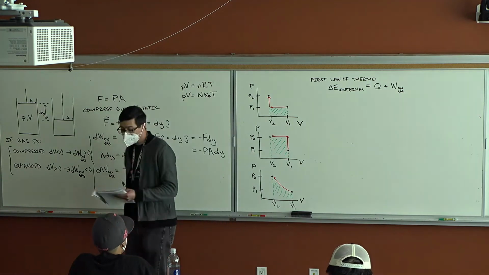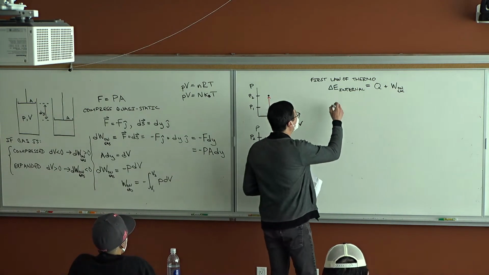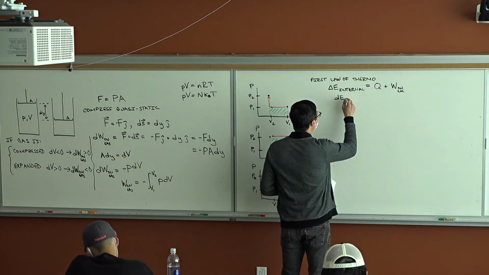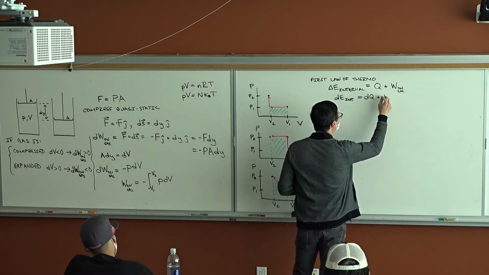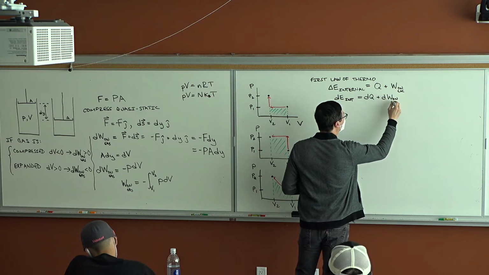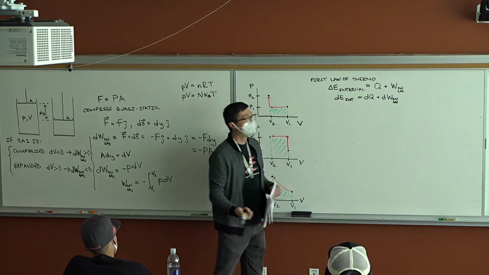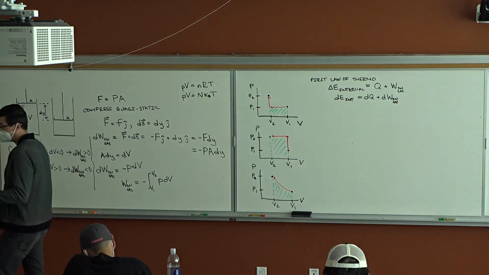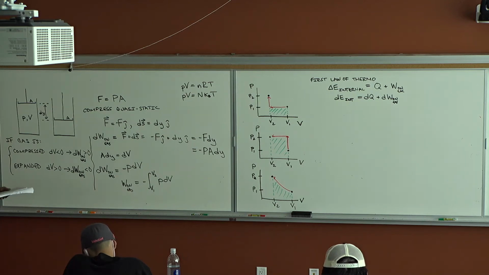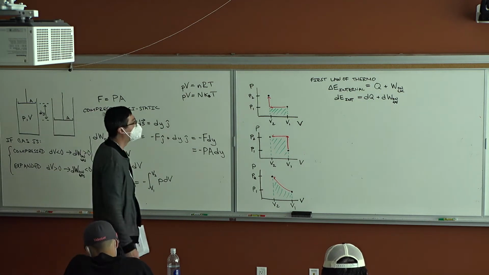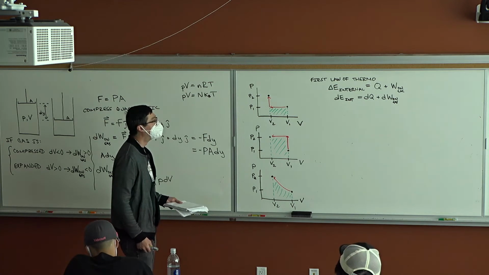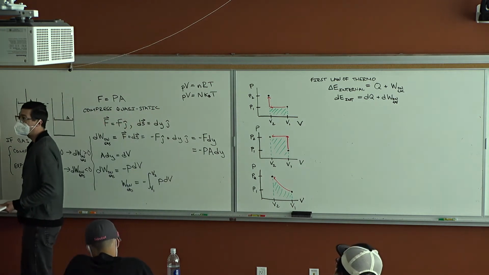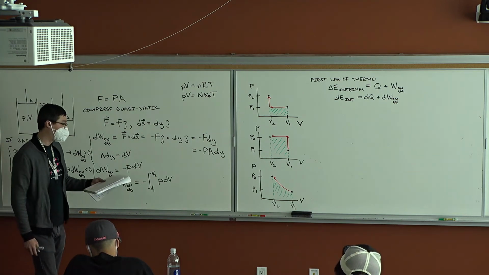Okay, so we could incrementalize this, right? I could say that dE internal is going to be dQ plus dW on the gas. This is really a statement of conservation of energy, right?